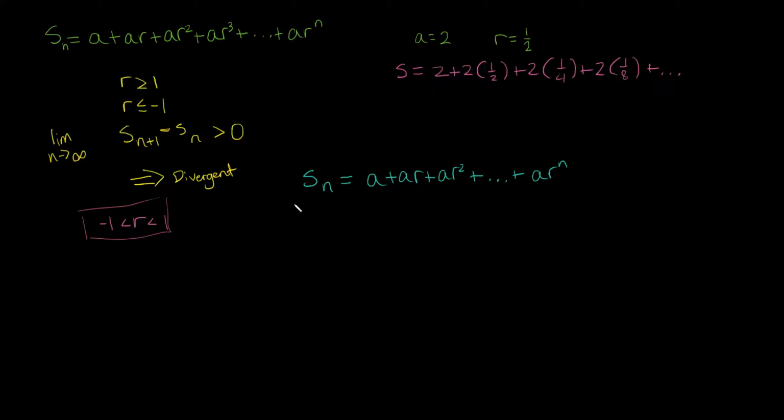We're going to multiply both sides by r, and because of the nature of this series, this is equivalent to shifting the series down. The first term becomes ar, becomes ar squared, becomes ar cubed, and so on. And we add this on until we get ar to the n plus ar to the n plus 1.